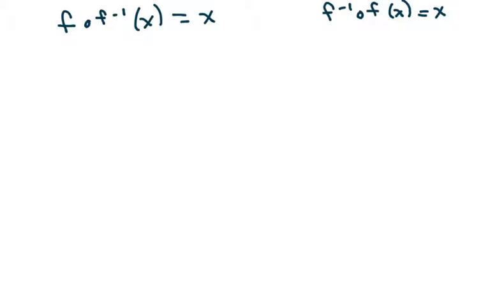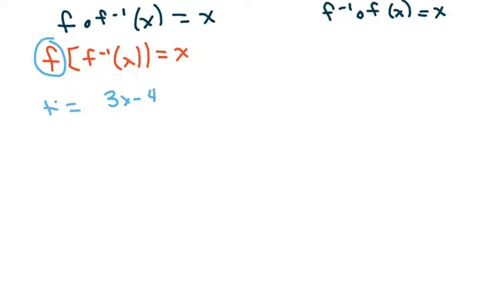So the first thing I'm going to do is this side here, f composed with f inverse of x. Now, this is supposed to equal x, and all I'm going to do is write down my f function, which is 3x minus 4 over x plus 2.